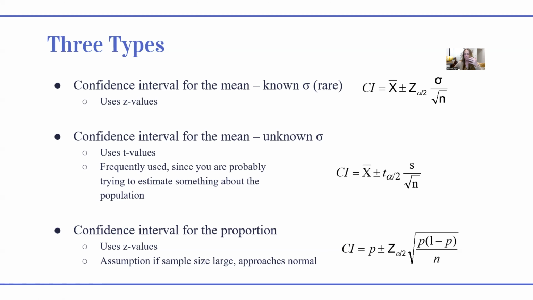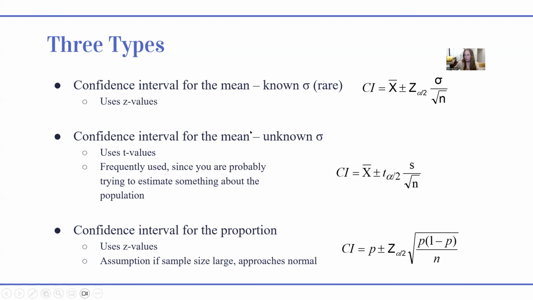You don't really know the true standard deviation of the population, how the population is going to vote, until after the election. But before the election, when you're trying to make your estimate, you don't know the true standard deviation.